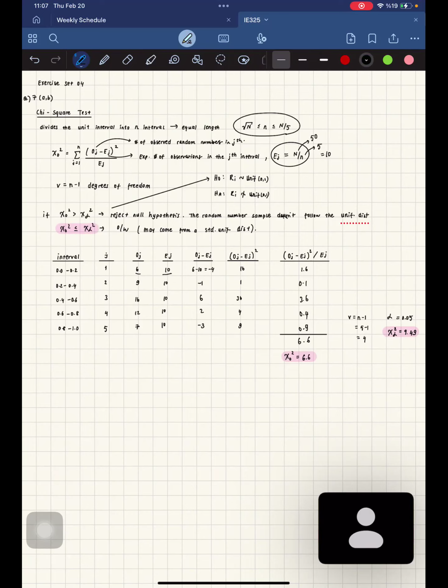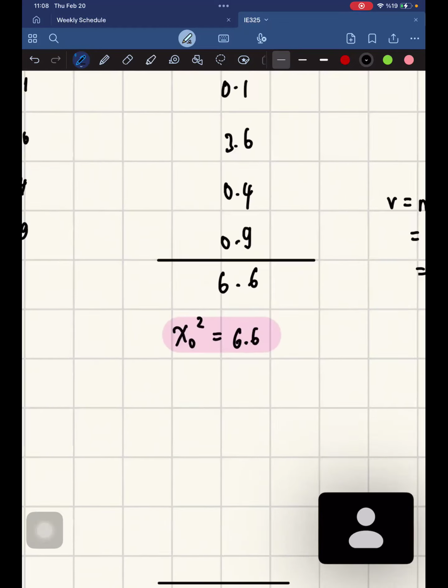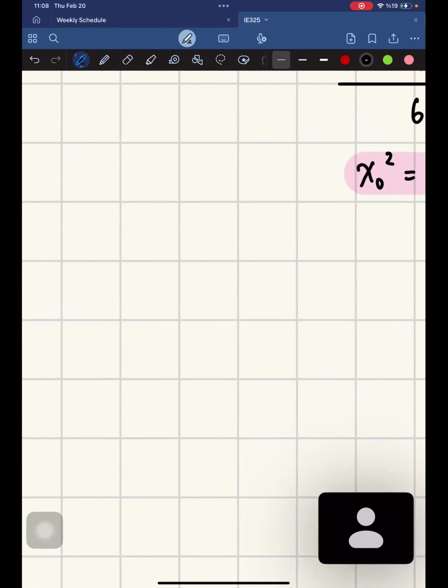Our null hypothesis was this random sample is following a uniform distribution, standard uniform distribution. And if you fail to reject that, we say that it actually may come from a standard uniform distribution, this sample. Okay, let's say that.